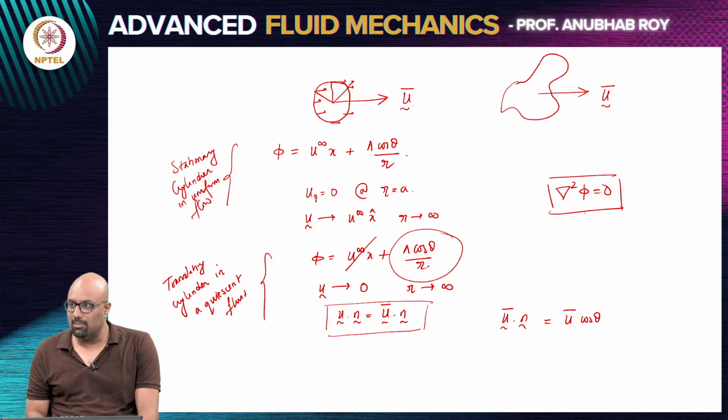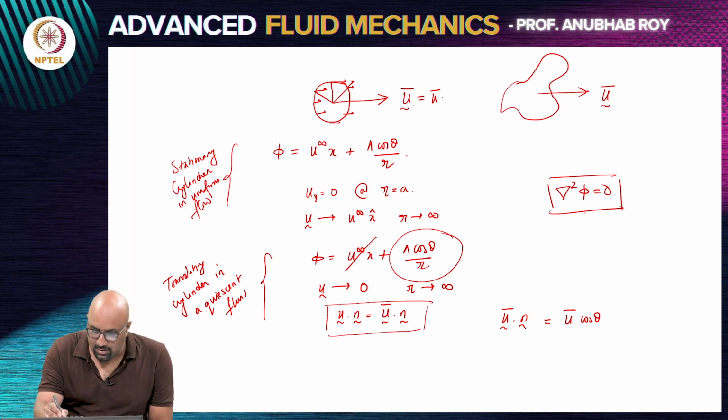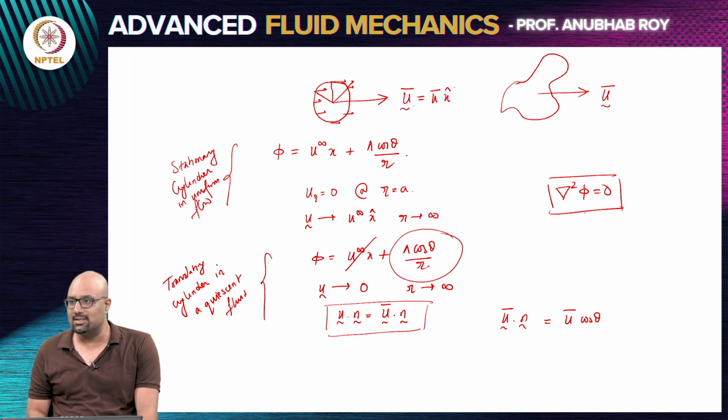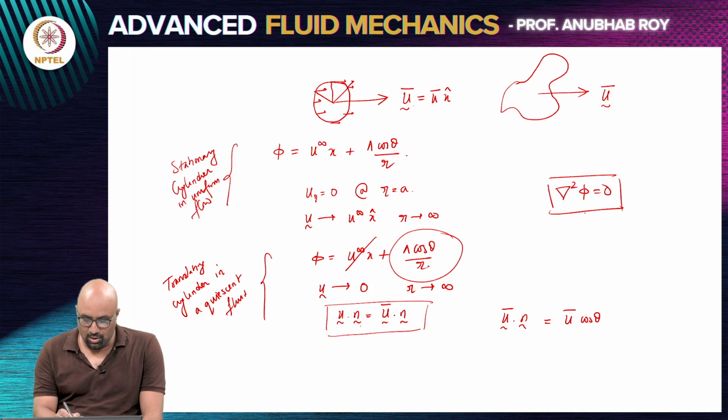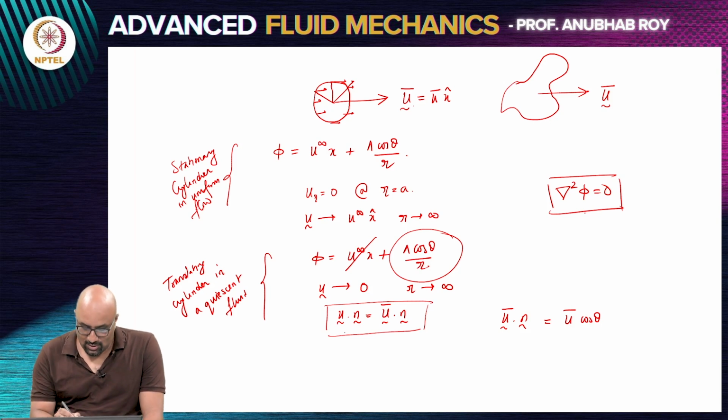We have chosen the body to move, or we have decided that our x axis is along the line of motion of the body. So, the body is moving with a velocity u bar along the x axis. I have chosen my x axis that way, which means u bar dot n should just be u bar cosine theta. So, small u dot n, which is the disturbance velocity, if I am now going to actually calculate.